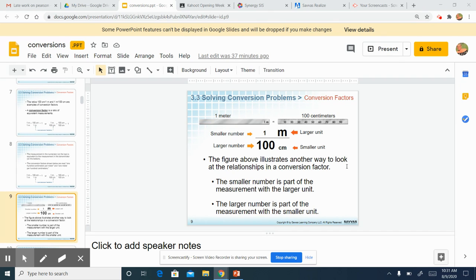This figure above illustrates another way to look at the relationships in a conversion factor. The smaller number is part of the measurement with the largest unit, and the larger number is part of the measurement with a smaller unit. So we know 1 meter contains 100 centimeters.